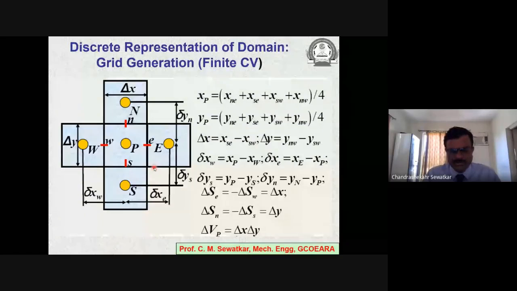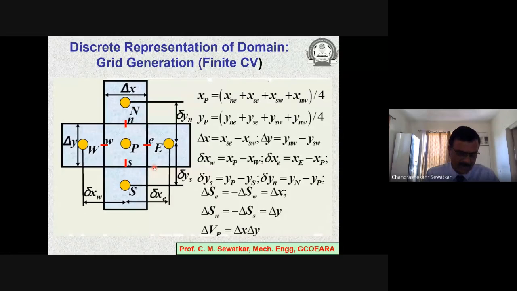If I consider the area through which the fluid comes in as positive, then the area through which the fluid goes out can be considered negative. Or, let's say my heat is flowing in the x positive direction. If I consider this area as positive, this will be negative. The area through which heat goes out, we will consider as a positive area, and the area through which heat comes in will be considered negative.